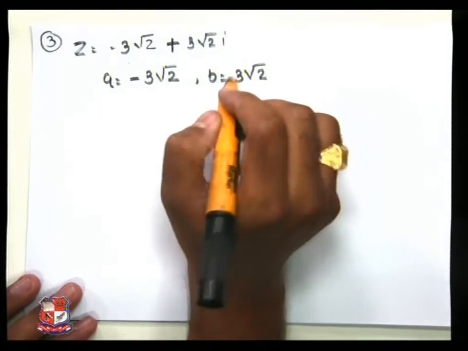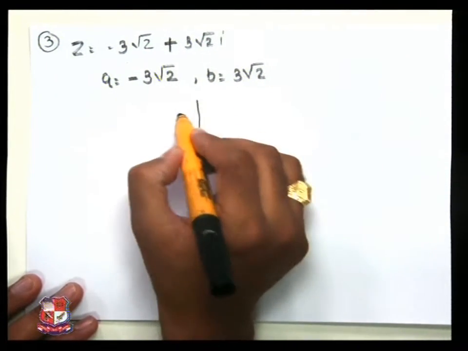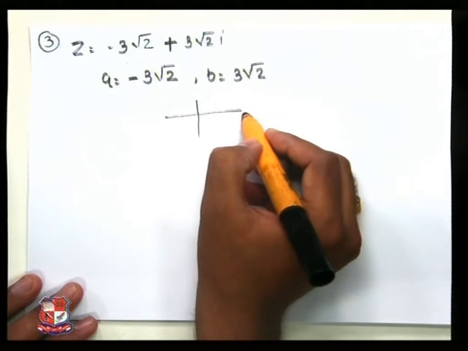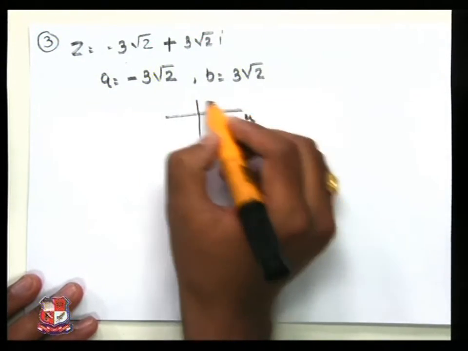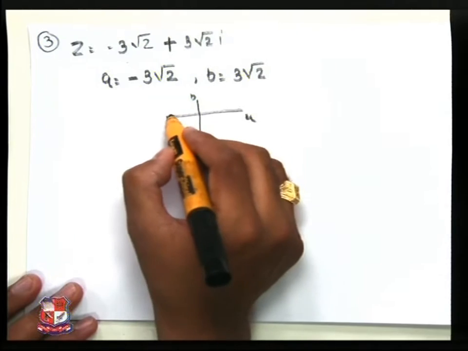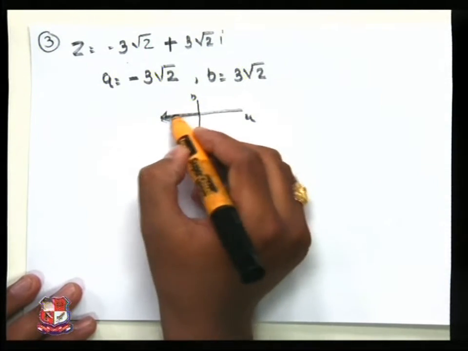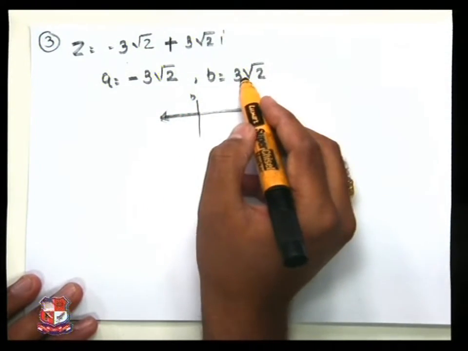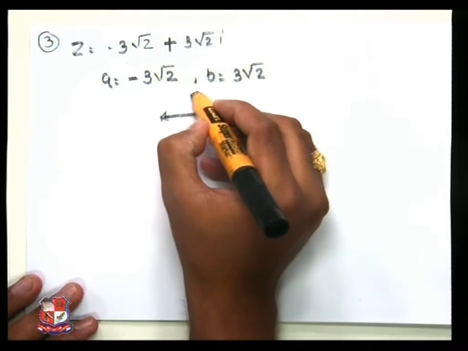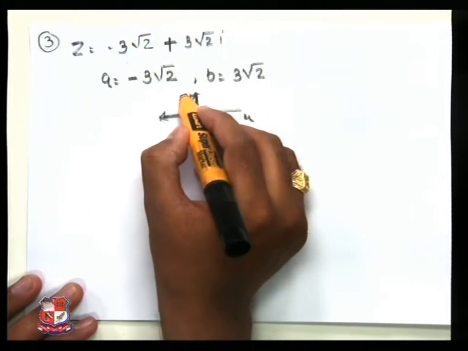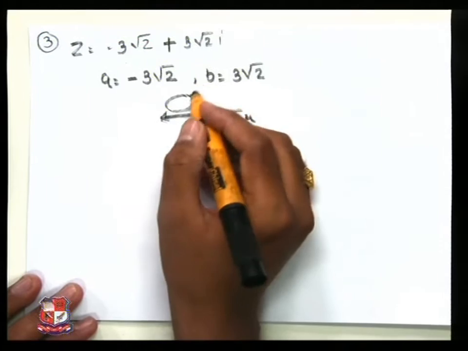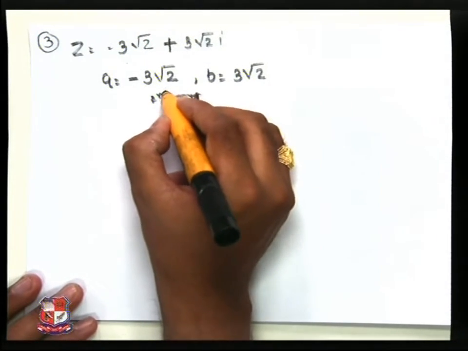Our quadrant rule suggests that a value is negative and b value is positive, so that covers this area. So finally the quadrant is the second quadrant.